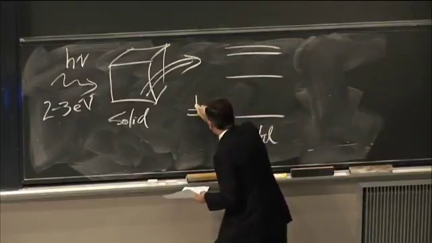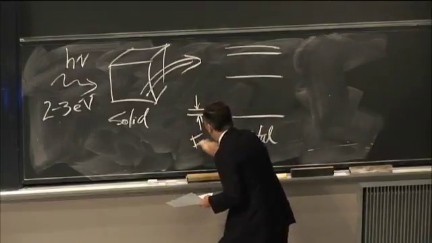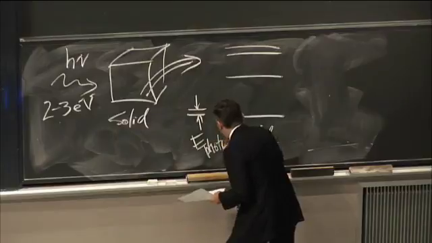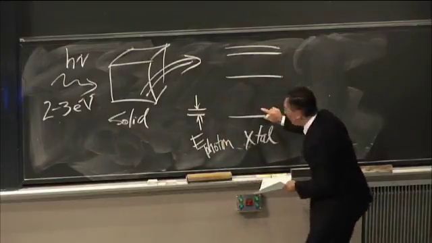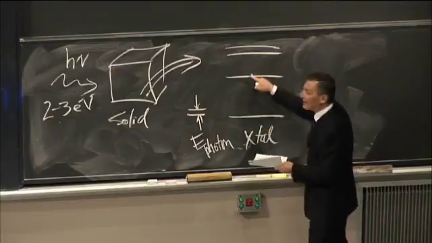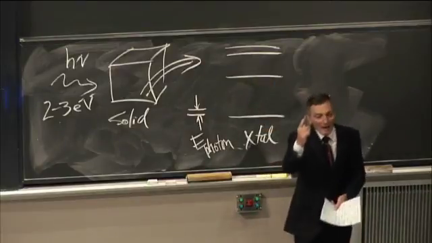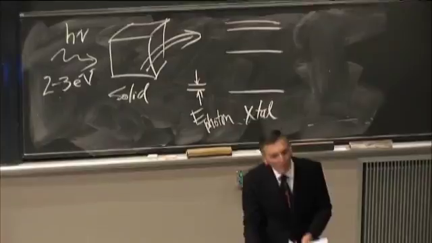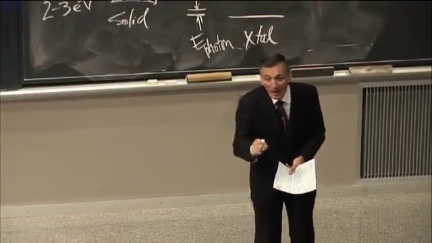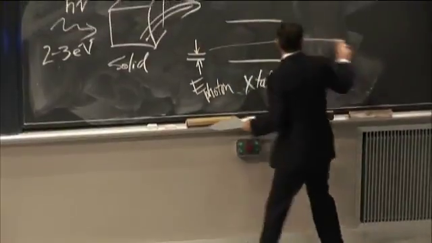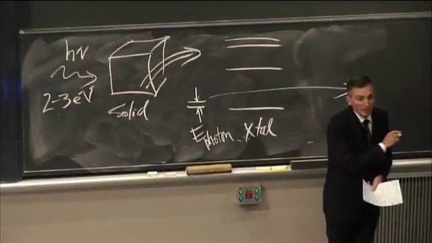All right? So now the question is, if this is the energy diagram of the crystal, and I make this the energy of the photon of visible light, I'm going to compare how much energy the photon has versus how much energy it takes to excite electrons all the way to a new state. Because if you don't excite them all the way to a new state, they can't go part way, so nothing happens. And if nothing happens, the photon goes through, and that's transparent.